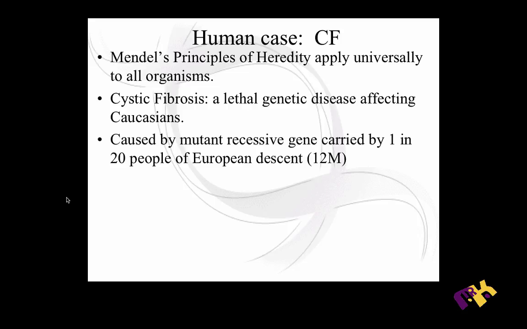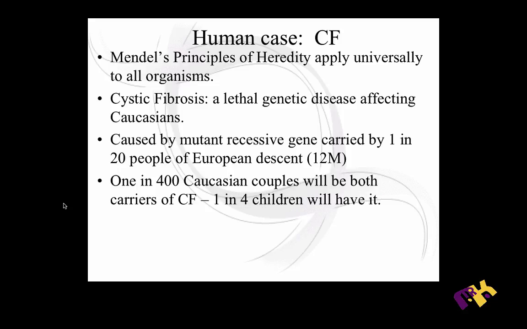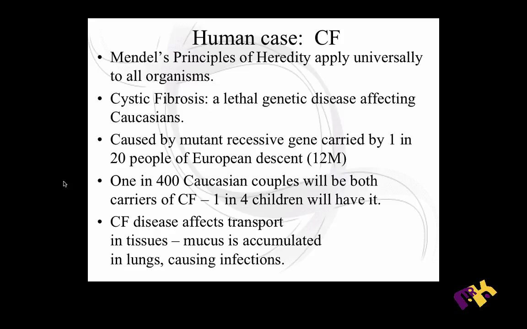It afflicts mainly Caucasians, and it's caused by a mutant gene carried by 1 in 20 people of European descent, which runs you to about 12 million people or so who are carriers, or have the recessive gene. 1 in 400 Caucasian couples will both be carriers of cystic fibrosis, and 1 in 4 children, that's the probability, will have it.